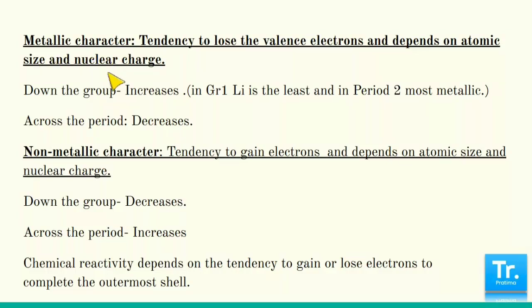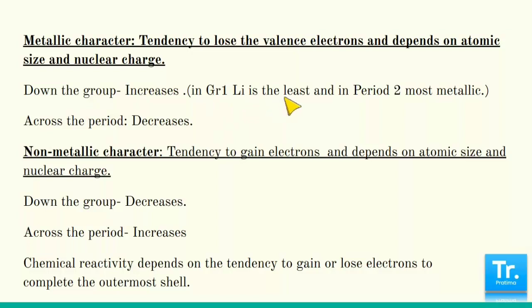Now based on these two, if we come to the variation down a group, actually down a group the metallic character increases. How? Since the atomic size increases and the nuclear charge also increases, but the effect of atomic size, as I said, overpowers the nuclear charge, so the metallic character increases down a group.